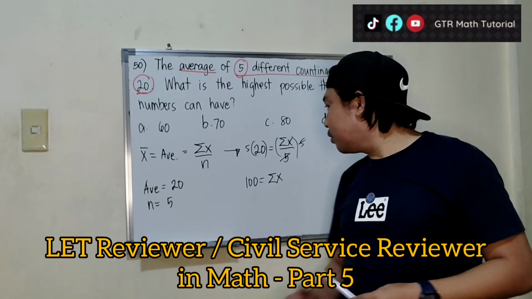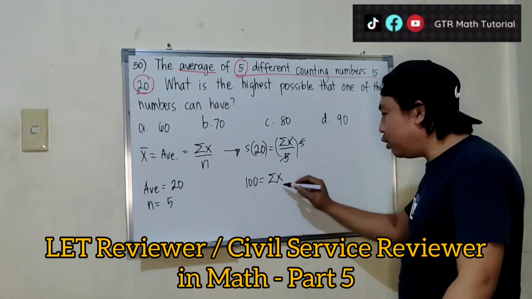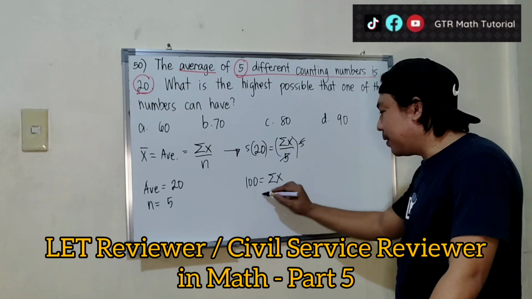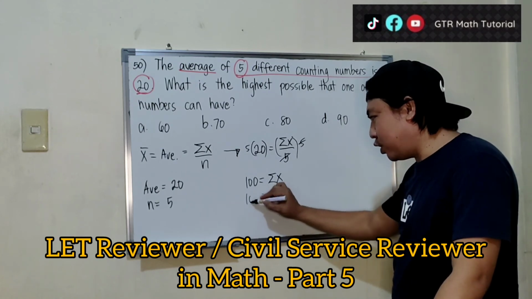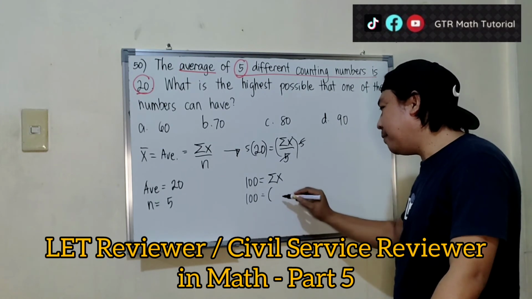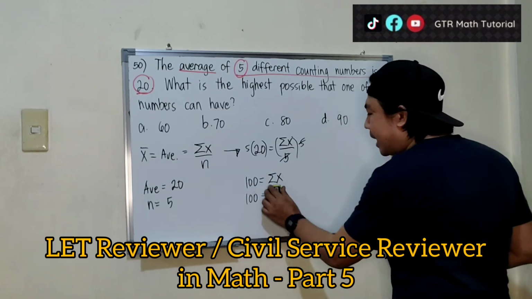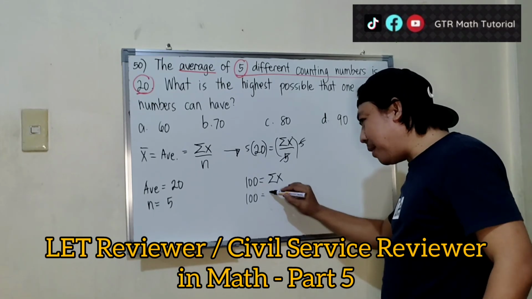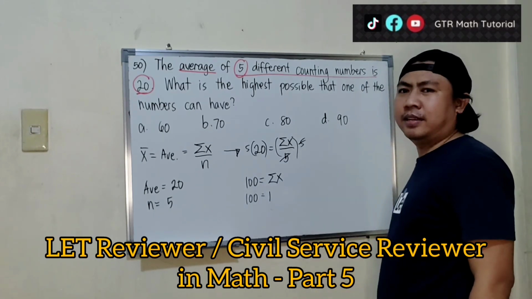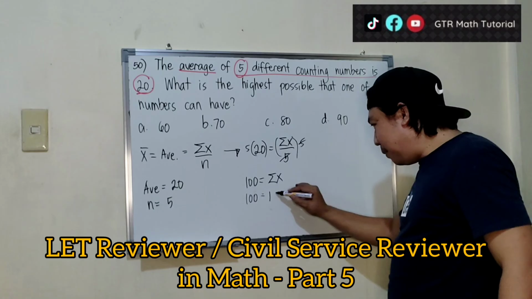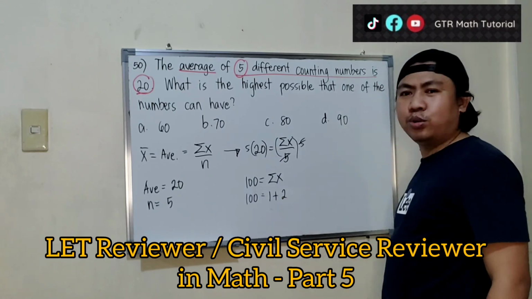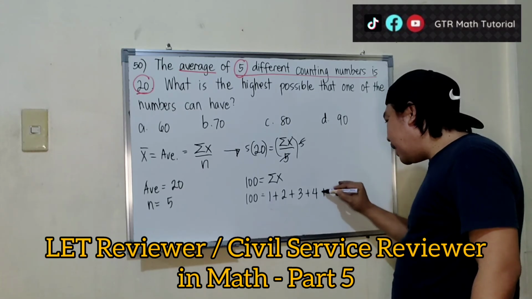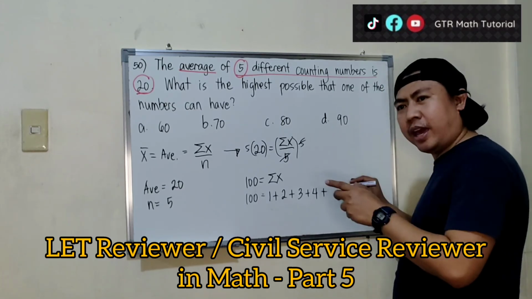Dahil different counting numbers, pwedeng pinakamababa ay 1, yung sumunod niya ay 2, sumunod ay 3, sumunod ay 4, at hindi natin alam yung panghuli.